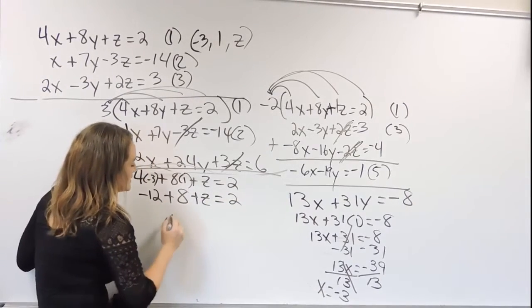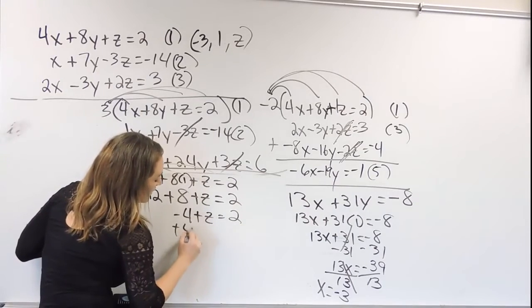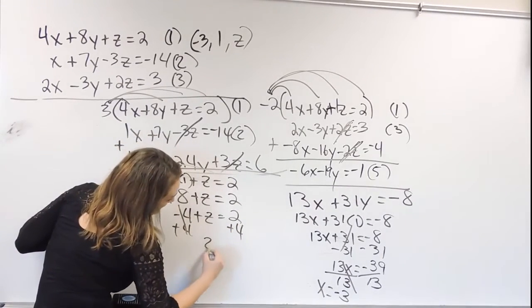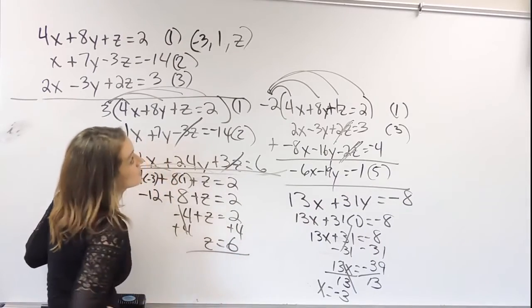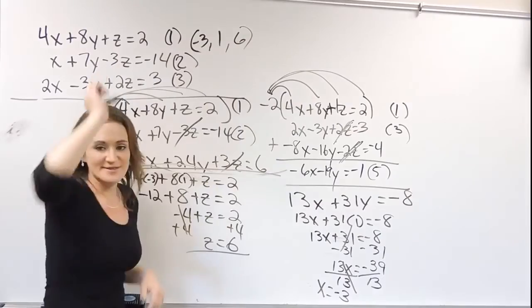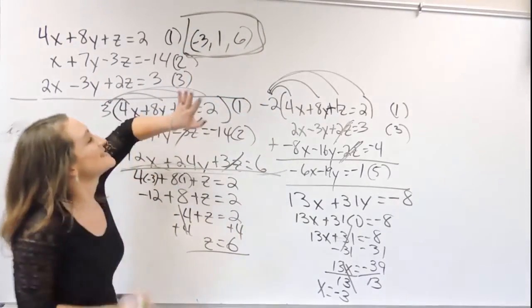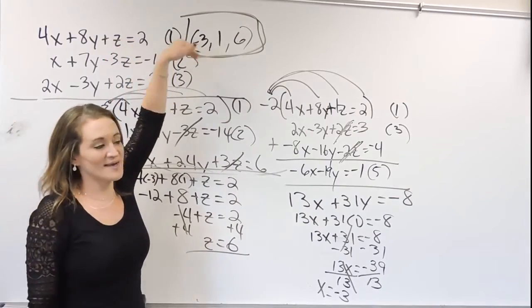Negative 12 plus 8 is a negative 4. When I add 4 to both sides, z is equal to 6. So now I can plug in a 6 for z, and my final answer here is negative 3, 1, 6.